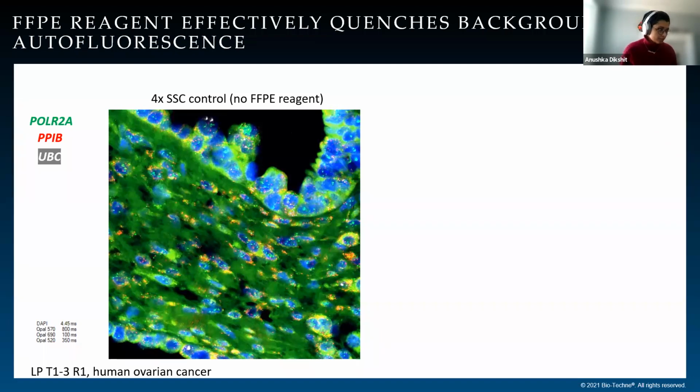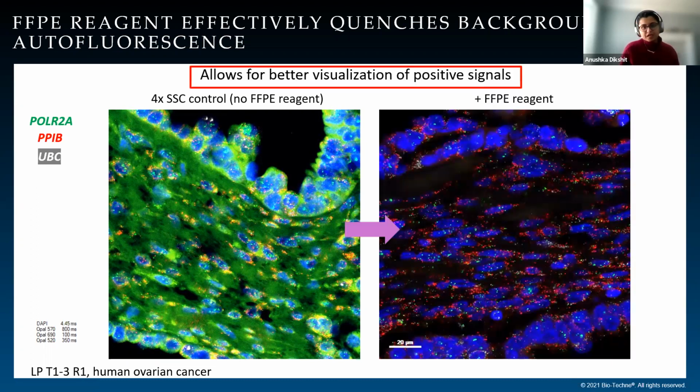And these are obviously your high expressing targets, or positive control probes. But using our FFPE reagent, we were able to show that this ovarian cancer tumor now looks really good, and we can visualize your targets, that are your PPIB, UBC, and POLR2A high expressing targets, at that single cell, single molecule resolution.